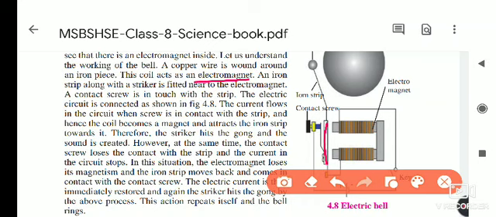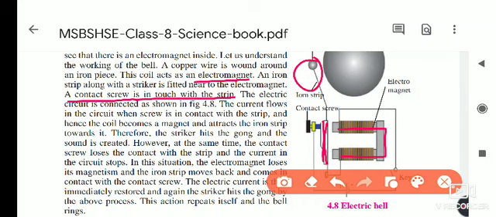As per it, the striker is fitted near the electromagnet. This is the striker, and here is the electromagnet. The contact screw is in touch with the strip. The electric circuit is connected as shown in figure 4.8.